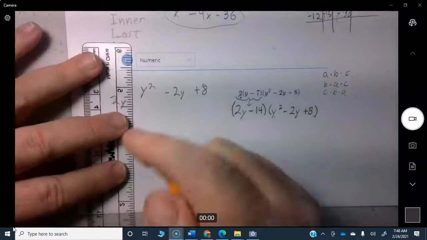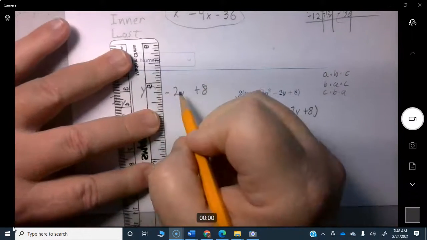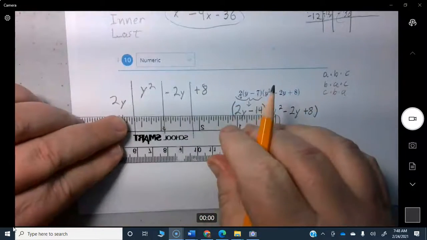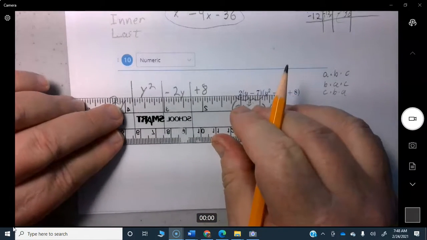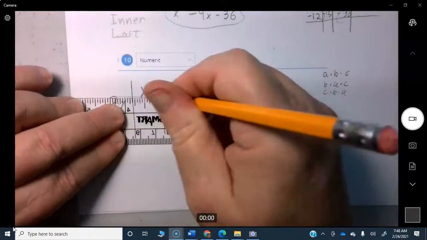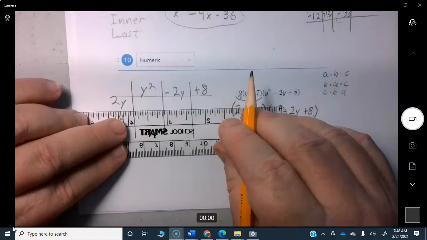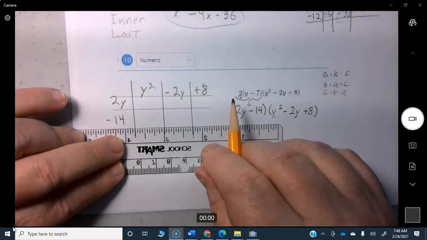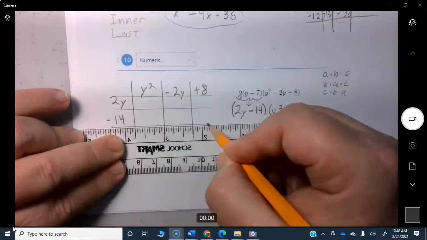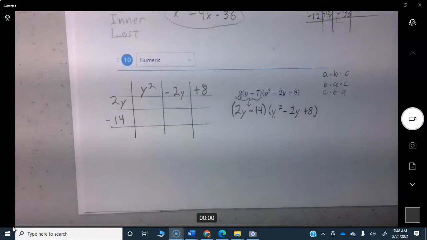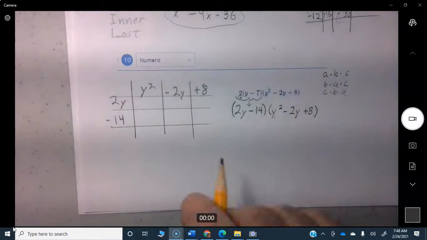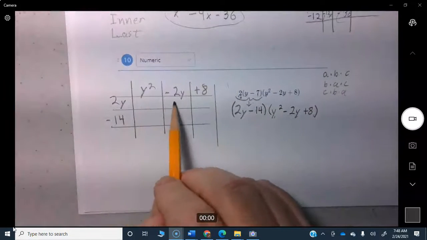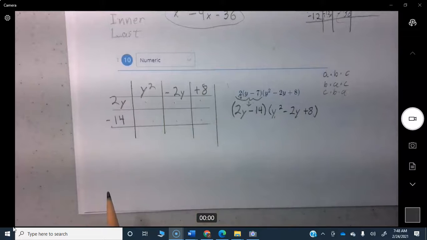And go ahead and draw the grid. Okay, and so let me go ahead and draw another line down here. Okay, so we got 1, 2, 3, 4, 5, 6 boxes to fill in.